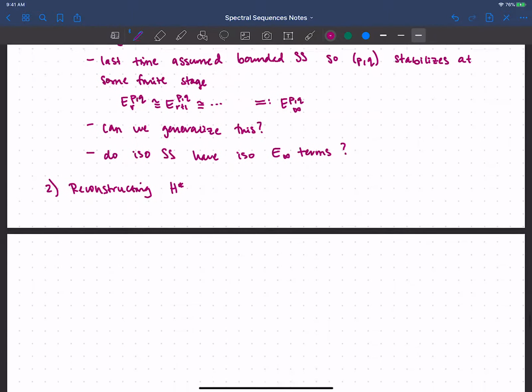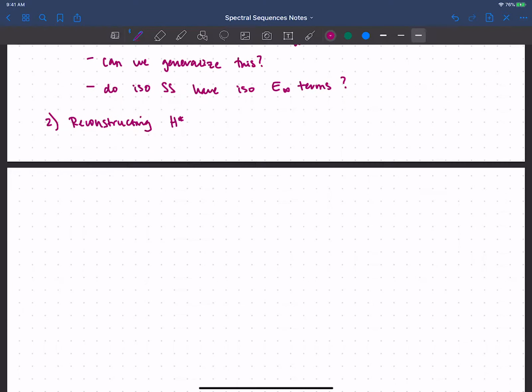So we've already talked about, for example, that we could run into extension problems. So we saw in discussion last time that if we looked at some short exact sequence with Z mod 2, something in the middle, and Z mod 2, that this could show up on the E infinity term of our spectral sequence.